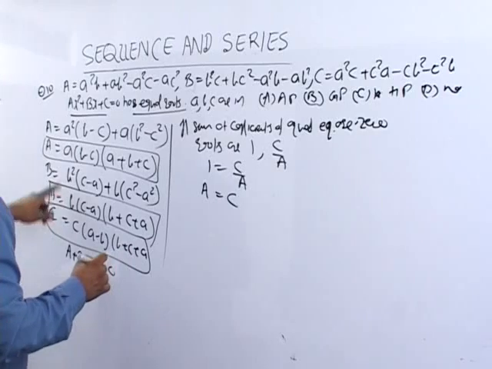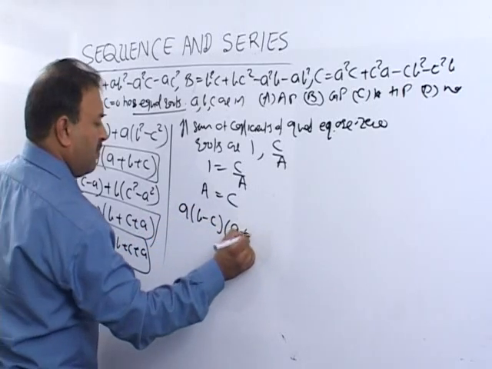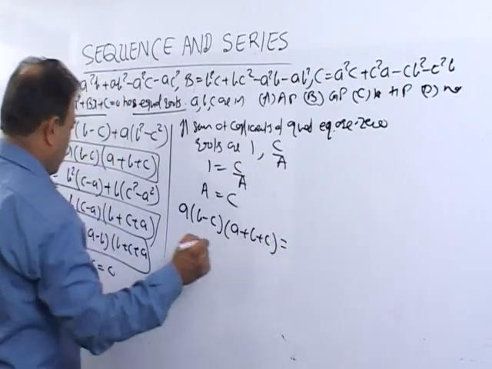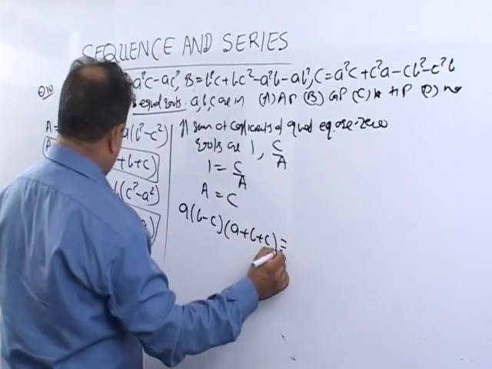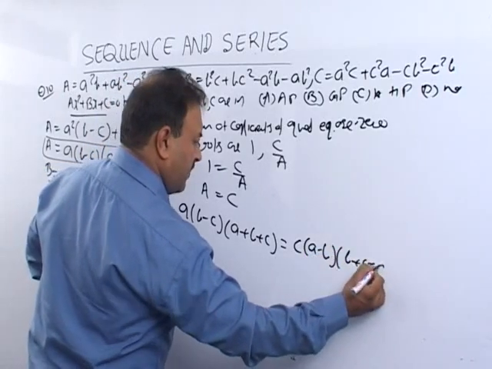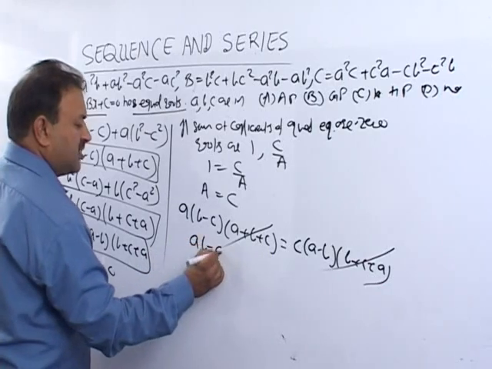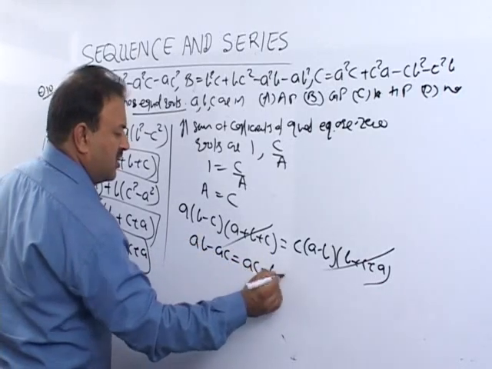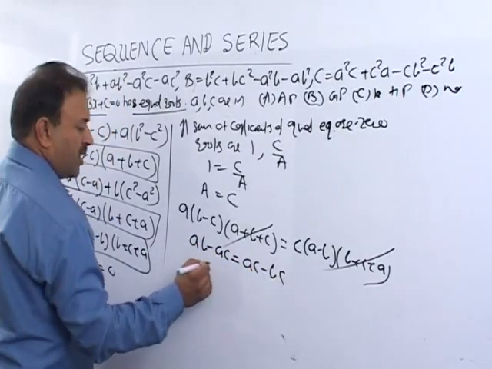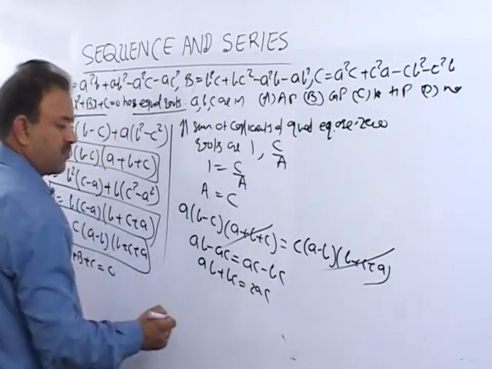What is A over here? It is A into B minus C into A plus B plus C, and this is equal to C into A minus B into B plus C plus A. So this will be cancelled out. We are left with AB minus AC is equal to AC minus BC. Now it comes out to be AB plus BC is equal to 2AC.